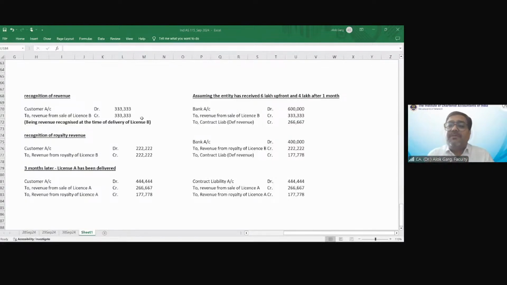If this kind of concept were not there, entities would start manipulating, and they would recognize higher revenue whenever they want to recognize higher, or lower revenue when they want to recognize lower values. Clear? Okay, friends? Is that clear?